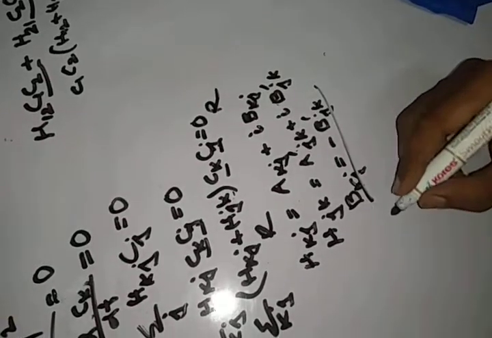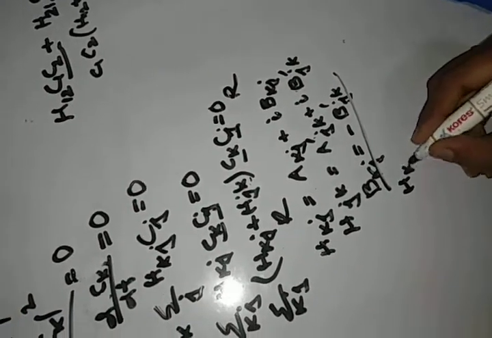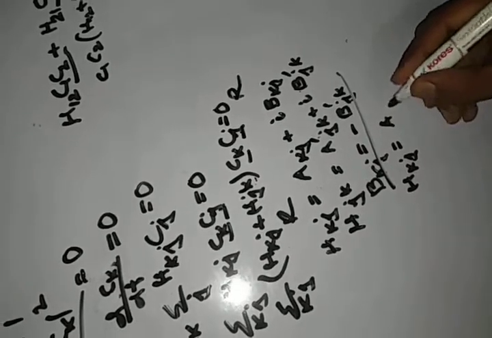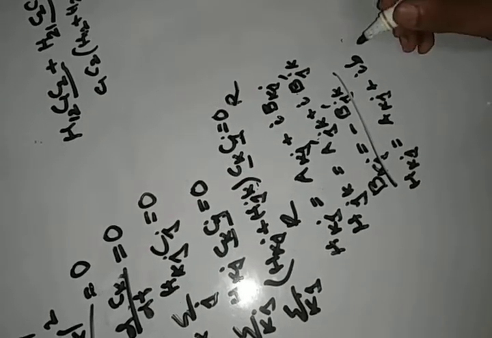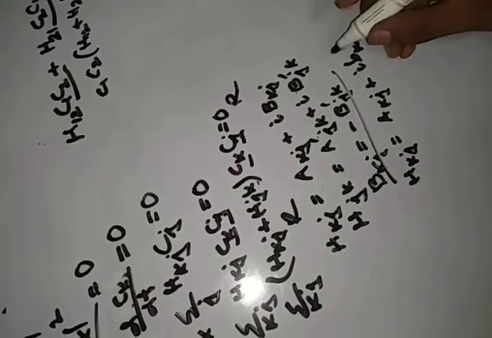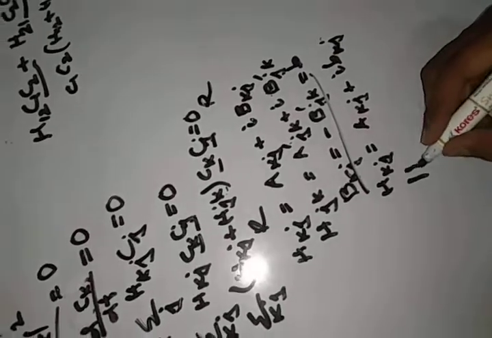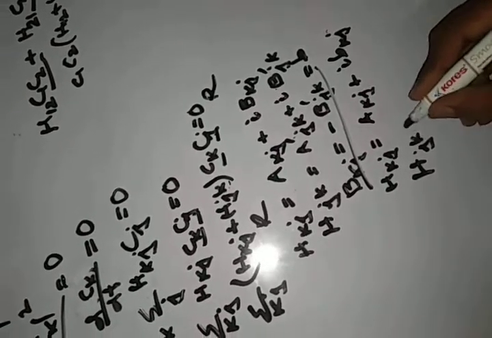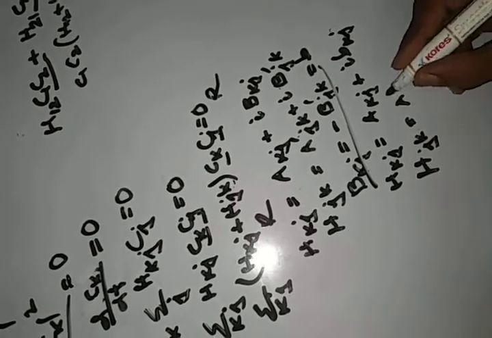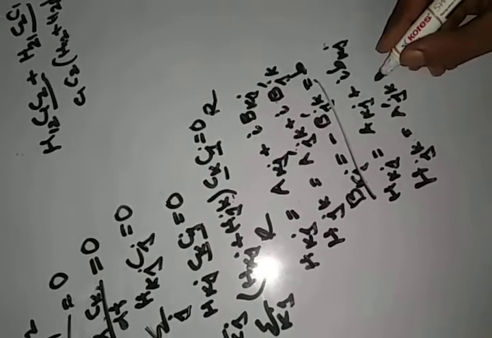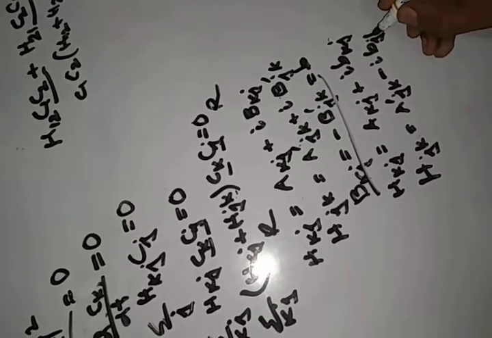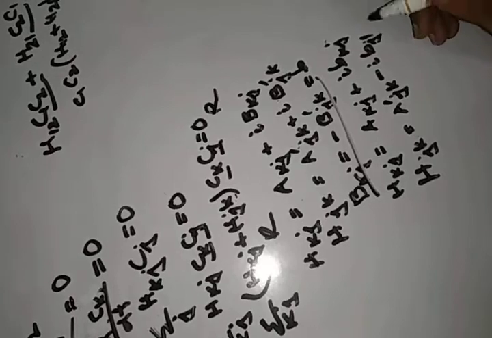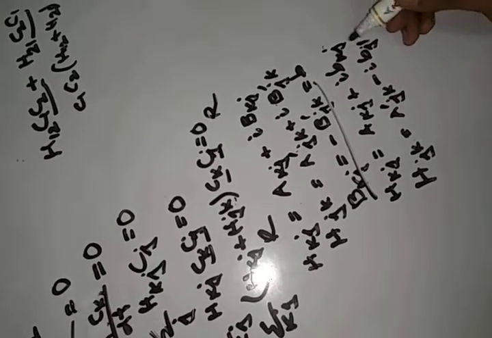So h_kj equals a_kj plus i b_kj, if you take this to be b, and h_jk is equal to a dash jk minus i b_kj.